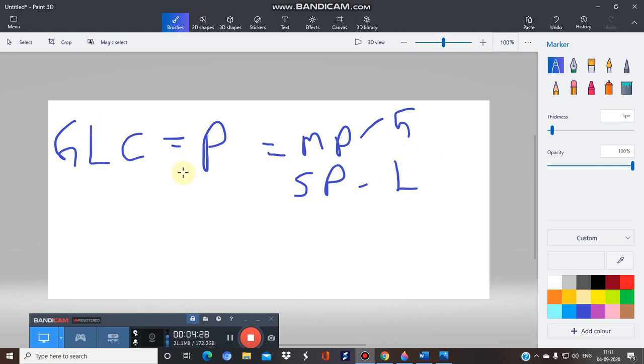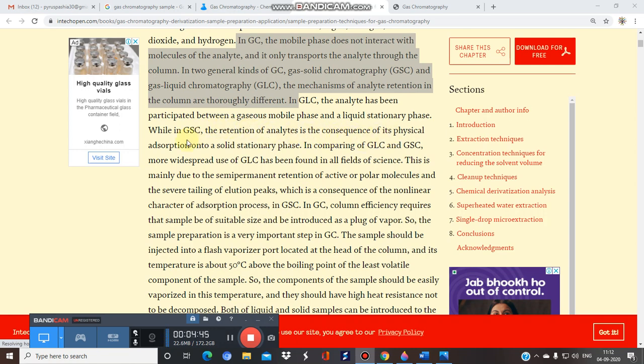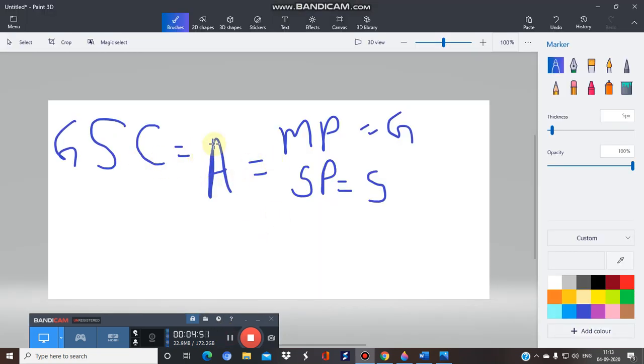Whereas in GSC, the retention of analytes is the consequence of physical adsorption onto the solid stationary phase. In GSC the principle of adsorption works because the stationary phase is solid and the mobile phase is again a carrier gas. So always remember, in GSC adsorption is used and in GLC the partition coefficient is employed.